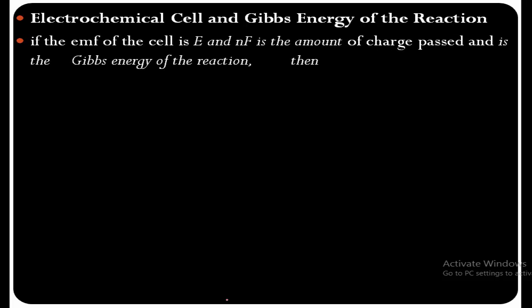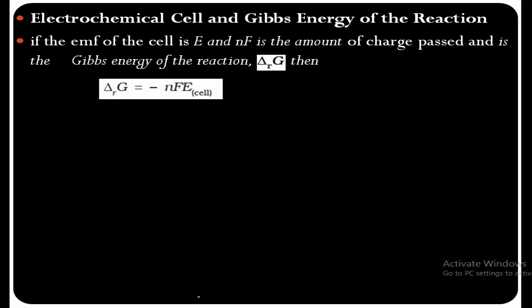So here, if the EMF of the cell is E, and nF is the amount of charge passed, and Gibbs energy of the reaction is delta rG, then we can write delta Gr, that is Gibbs energy of the reaction, is equal to minus nF E0 cell, where n is number of moles of electrons, F is Faraday's constant, E0 cell is standard electrode potential. This is how we give the equation.